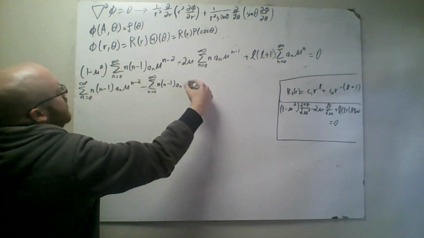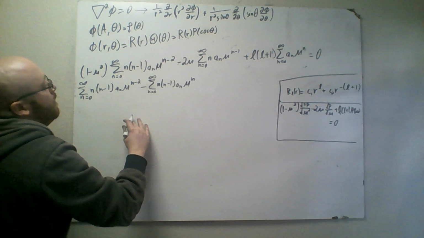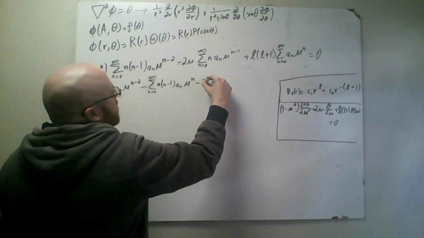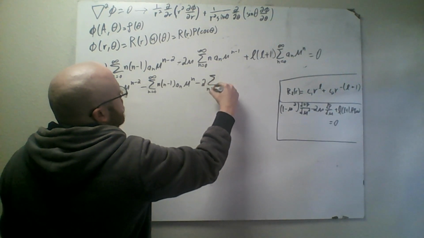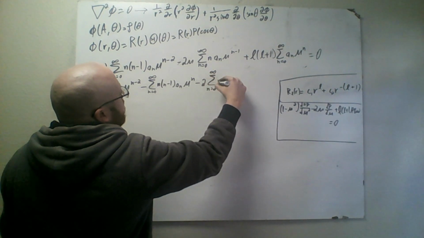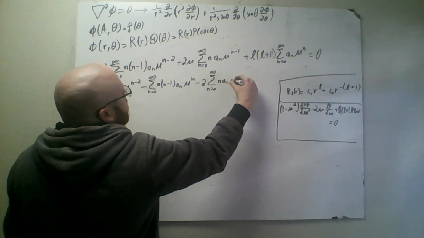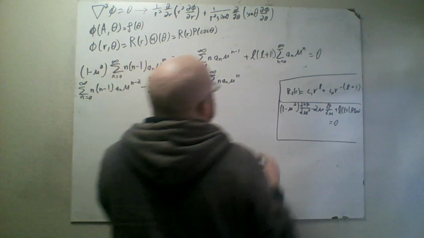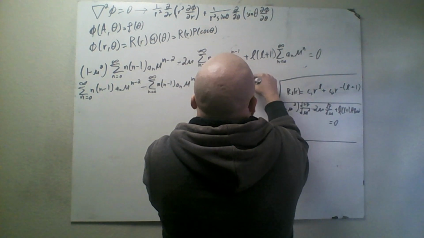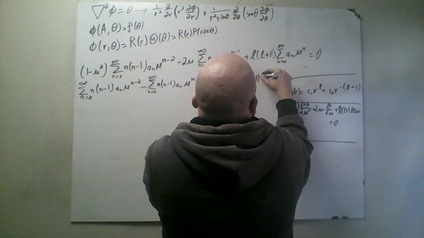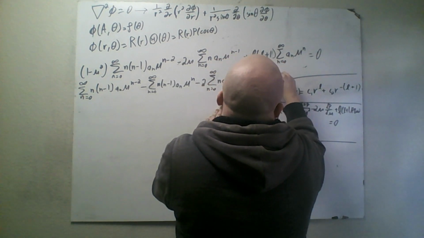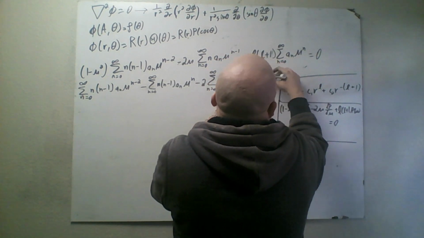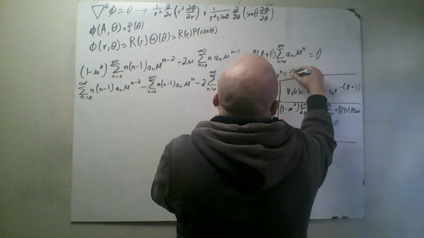This mu squared goes into here, so we just get mu to the n. This mu goes into here, so we get minus 2 times the sum from 0 to infinity of n a_n mu to the n, plus L times L plus 1 times the sum of a_n mu to the n, equals 0. That was an abysmal sum. I'm glad that you probably couldn't see it.